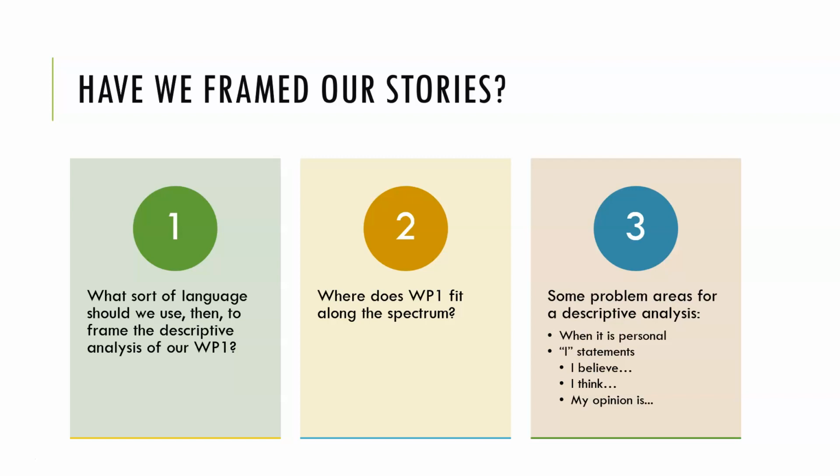When it's personal, students have a really hard time because they think academic writing can't use I statements. And the truth is you can. It can still be academic, especially if you're being asked to write a narrative. But just avoid statements like I believe, I think, or my opinion is, because if you're writing it, that's already implied.